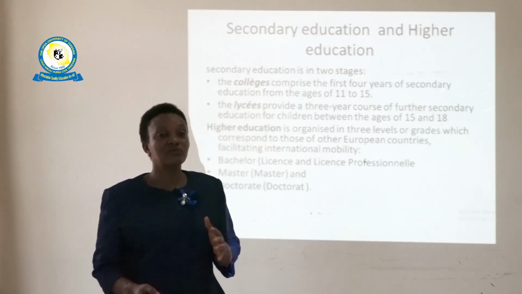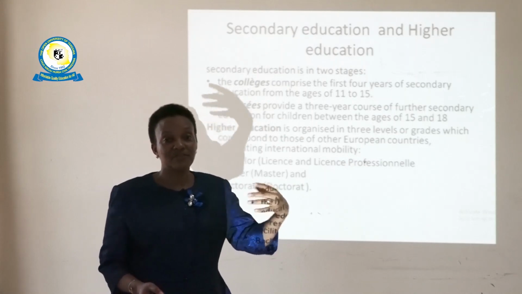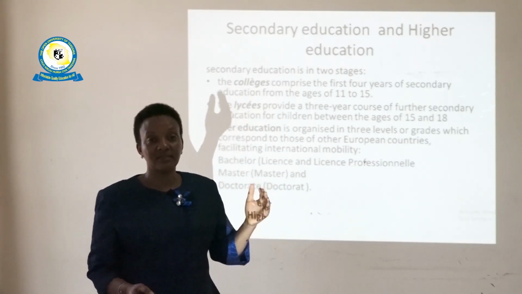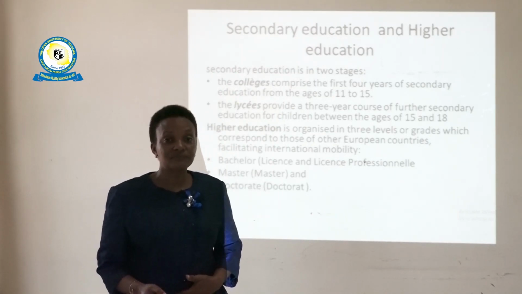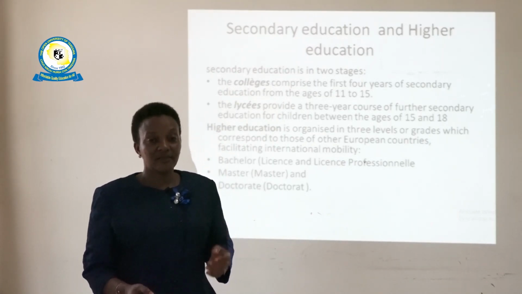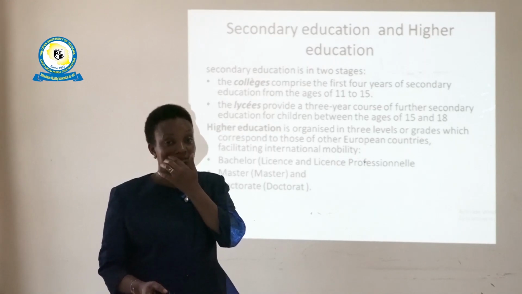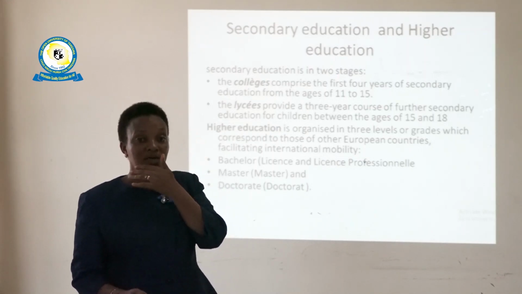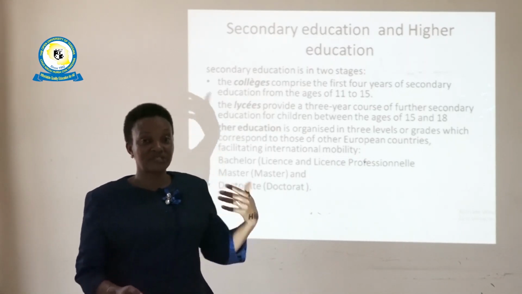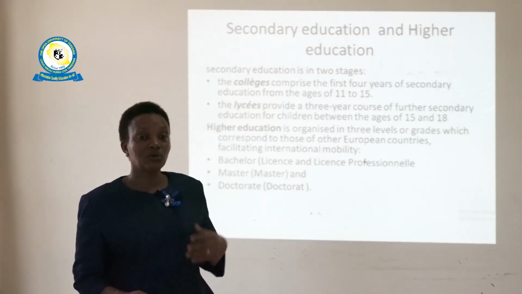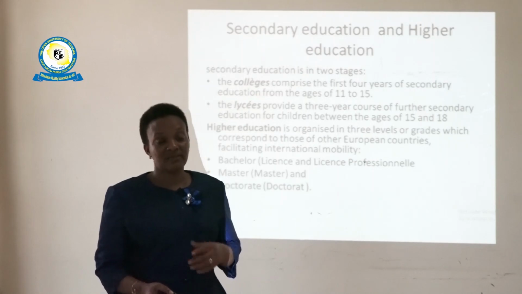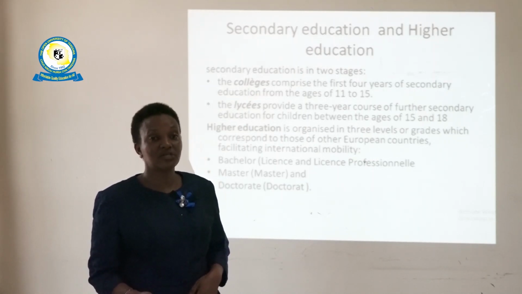So, most of the European countries have 3 levels or grades in the university education. In the higher education, there is bachelor, or what they say licence professionnelle. There is also a master and a doctoral degree, doctorate. That is the higher education in France.